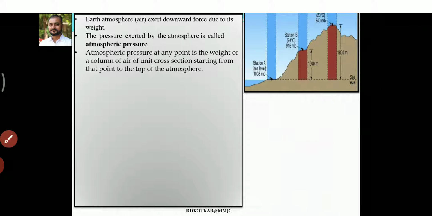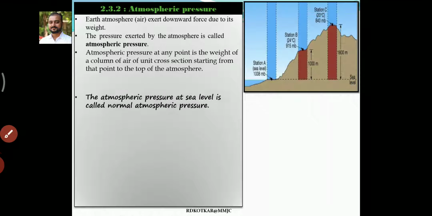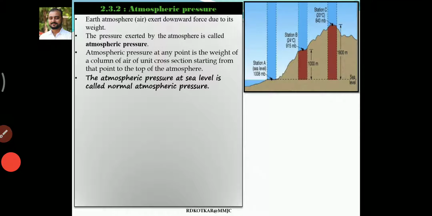In simple terms, the atmospheric pressure at sea level is called normal atmospheric pressure. Means at sea level the pressure is known as normal atmospheric pressure.